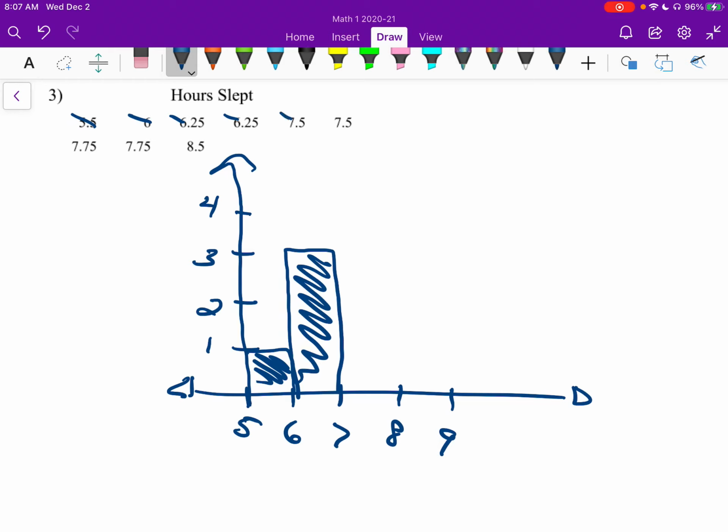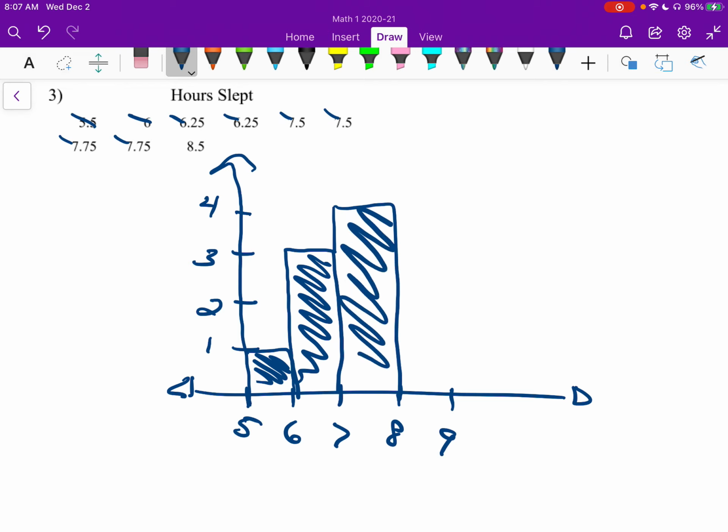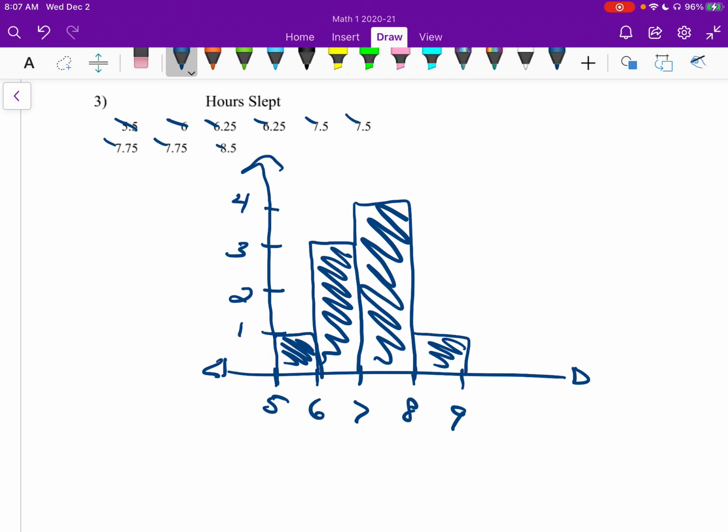Then I have 7.5, 7.5, 7.75, and 7.75 again. That's 4 numbers total between 7 and 8. And then I have 8.5, which is the only number between 8 and 9. I'll draw that just a little bit nicer. All right, and there we are. There's our histogram.